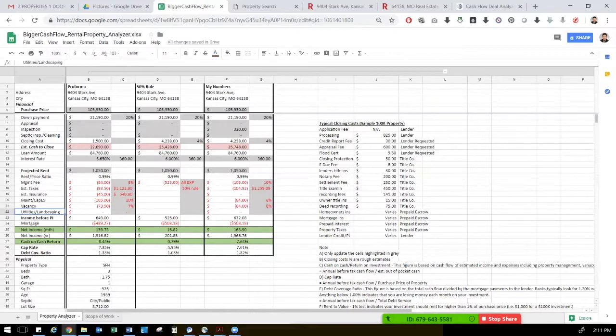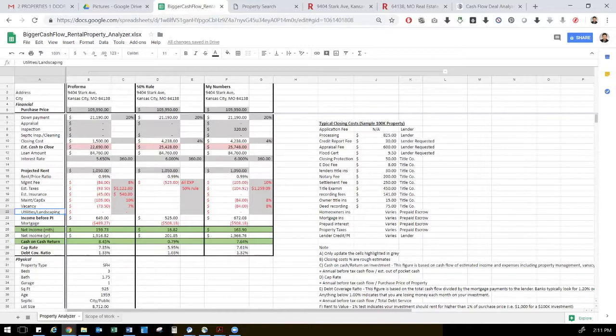Utilities and landscaping, this depends on, if everything is separately metered for a duplex, then utilities, the tenants are on their own. If they're not separately metered on a duplex, then the landlord is responsible, at least in the markets that I invest in, for paying for the water, sewer, and some of those common costs, right?